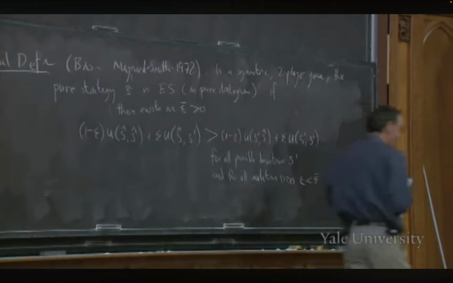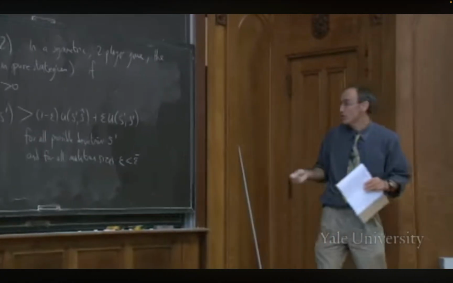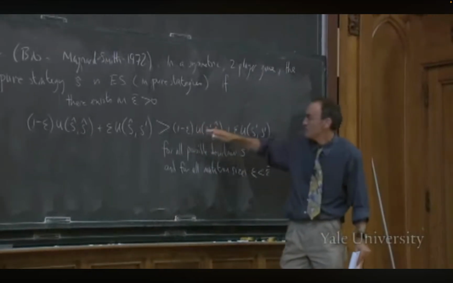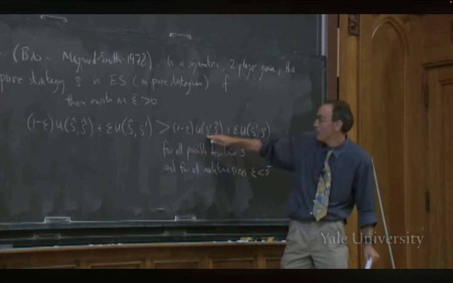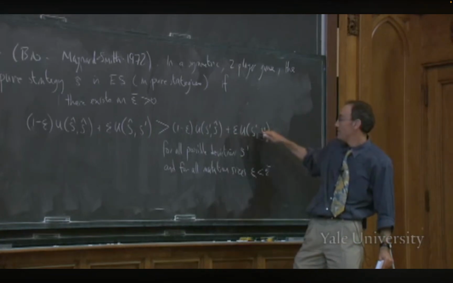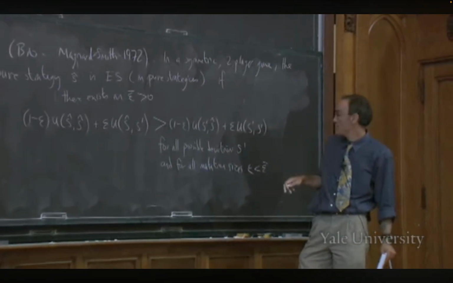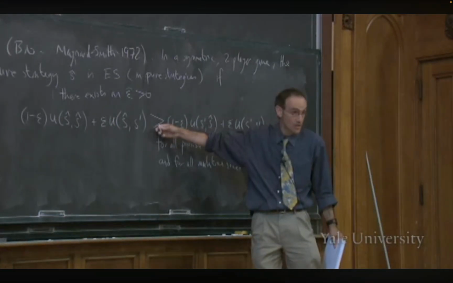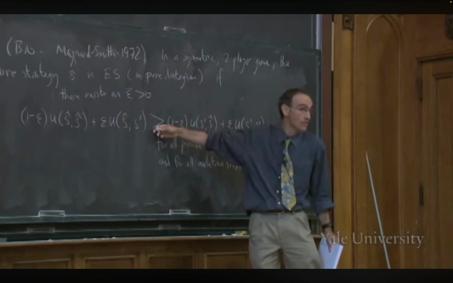Conversely, on the right-hand side, we have the payoff to the mutation. The payoff to the mutation is 1 minus epsilon of the time, the TA meets a student and gets the payoff of S prime against S hat. Epsilon of the time, the TA meets itself and gets a payoff of S prime against S prime. And we have this inequality we had before. It says the mutation, the invader, has to do worse, so it dies out.